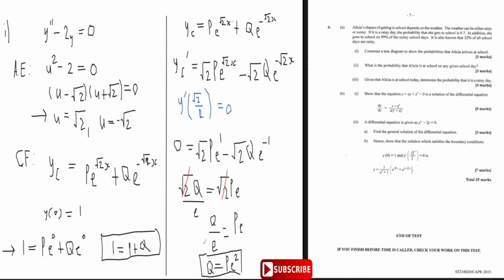So we have a simultaneous equation. So let's solve it. P plus Q equals 1, and Q is equal to P E squared. Since you have Q right here, you can substitute.